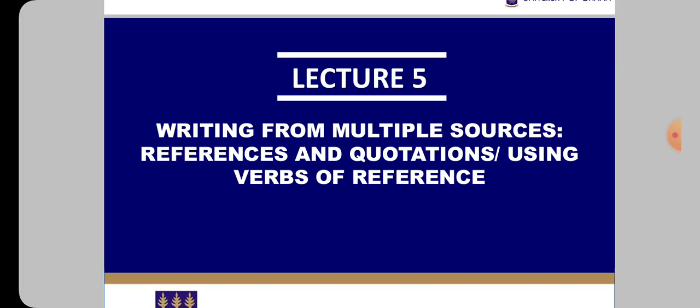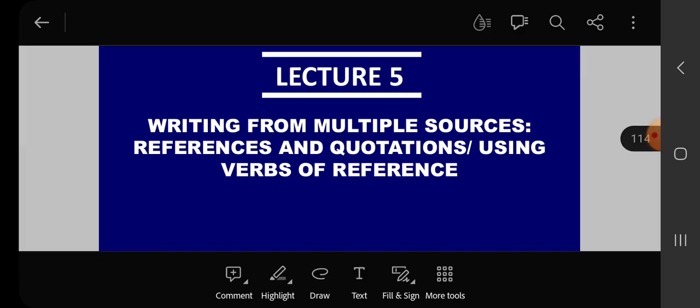Today's tutorials will be centered on session 5, which is writing from multiple sources. When you say writing from multiple sources, whenever we are writing, we pick information from different sources, from magazines, articles, online publications, books and stuff.